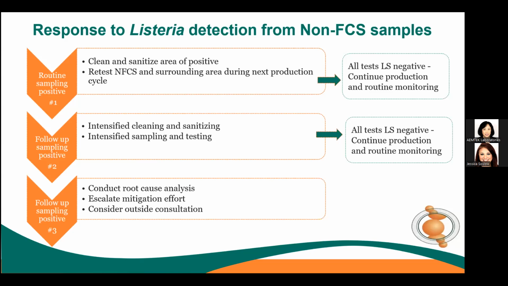If all tests come back negative, then continue production and then go back to routine monitoring. If you have a third positive, then you should start root cause analysis, escalate the mitigation effort and then consider consulting either internal expert or outside consultants.